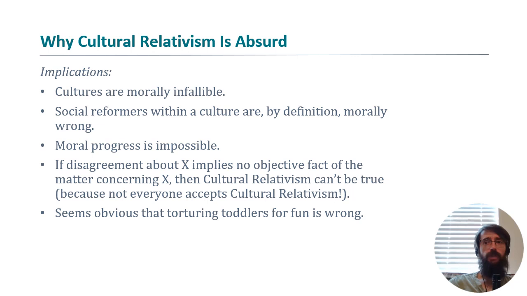That view would imply that he was speaking falsely because he was speaking against the majority-held opinion in the American South, which was that Jim Crow laws, segregation laws, were totally legitimate. Right? So in arguing against the majority opinion, Dr. King would be arguing against the truth in the culture if what most people think determines the moral truth. According to cultural relativism, it does. Right? So that seems to be another absurdity of this view.